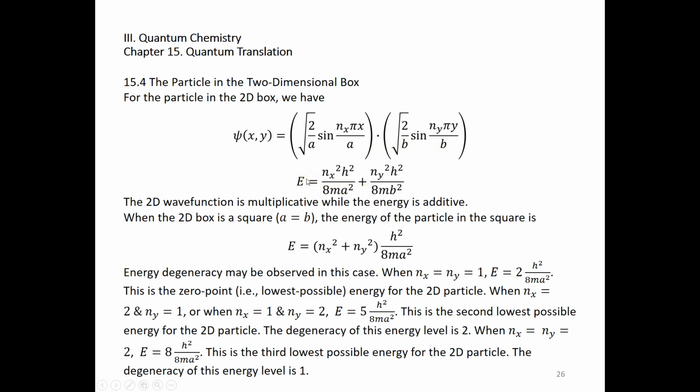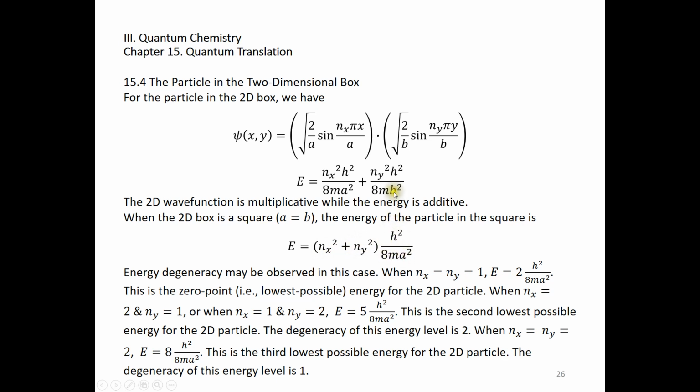The energy is the sum of the energy in the x direction and the energy in the y direction. When this two-dimensional box is a square, that means a is equal to b, the energy of the particle in the square now becomes nx squared plus ny squared multiplied by h squared over 8ma squared.